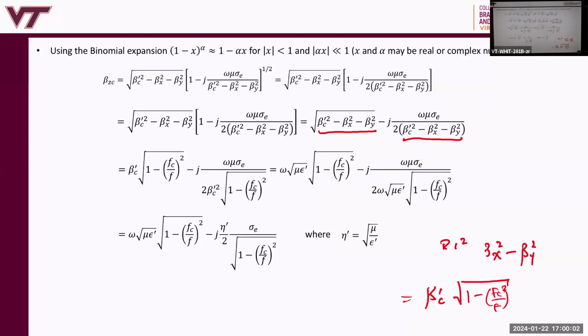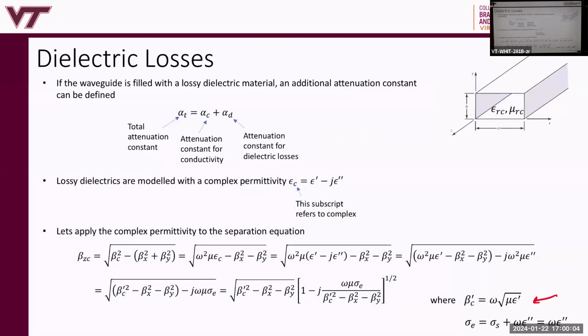That term is wrong. Here, we factored out the square root of beta c squared, right? So let's do it from here. From here, we have the square root. Let's call all this thing x for now. X minus j omega mu sigma, right?